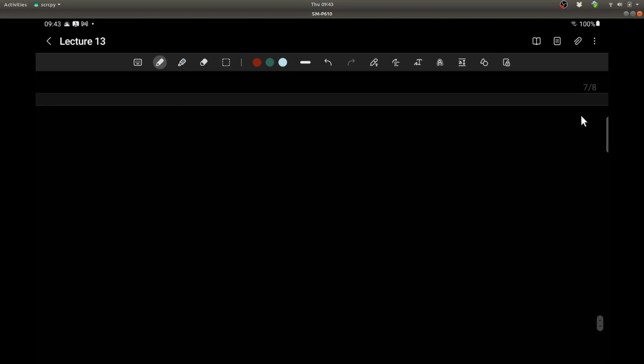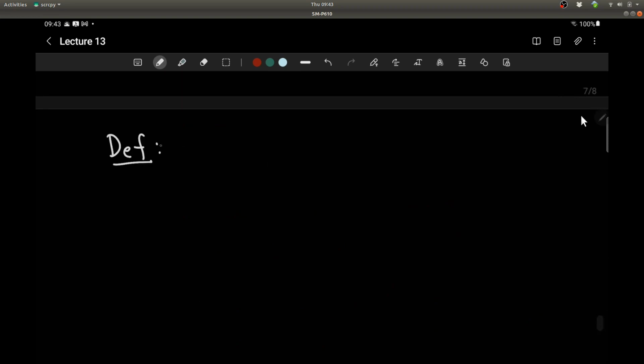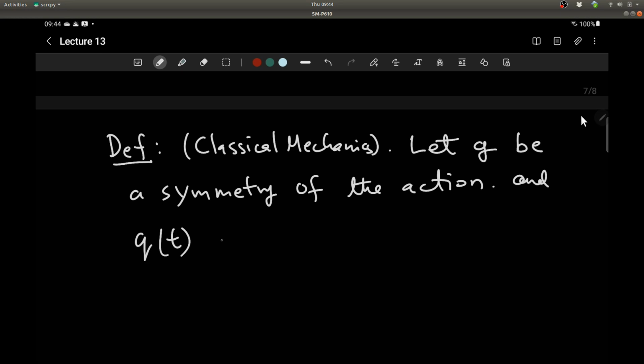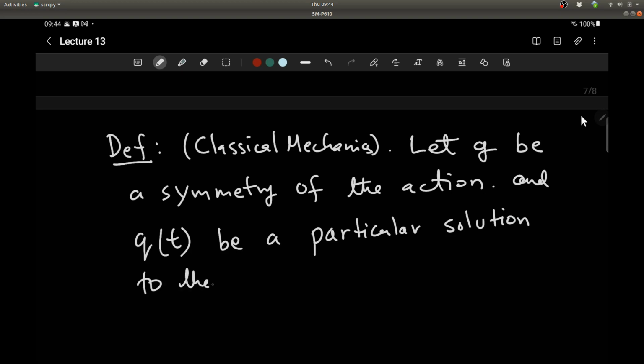Okay, so it's called a broken symmetry. So the definition, first in classical mechanics. Let G be a symmetry of the action, and Q of t be a particular solution to the Euler-Lagrange equation.